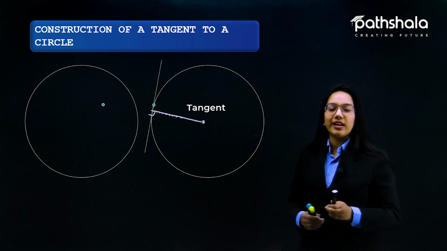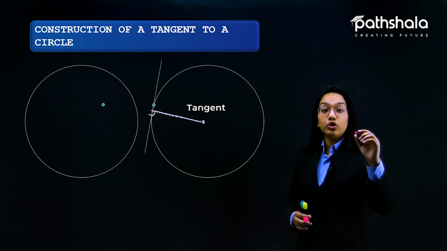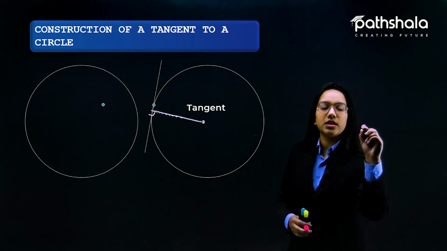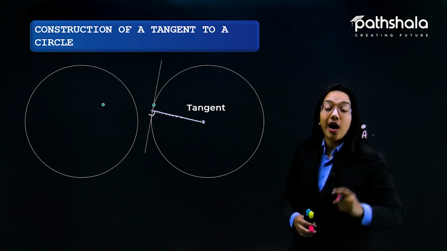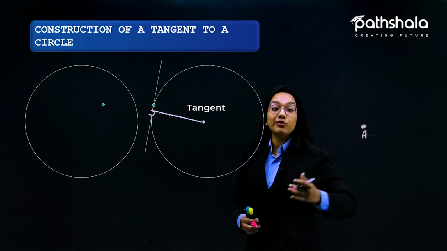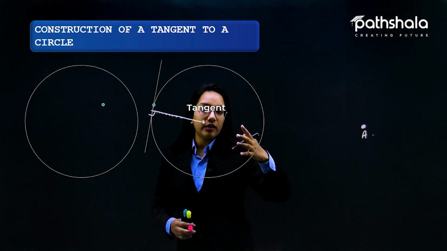But suppose a point lies outside the circle. For this point, how many tangents can there be? We can draw 2 tangents exactly to this circle.